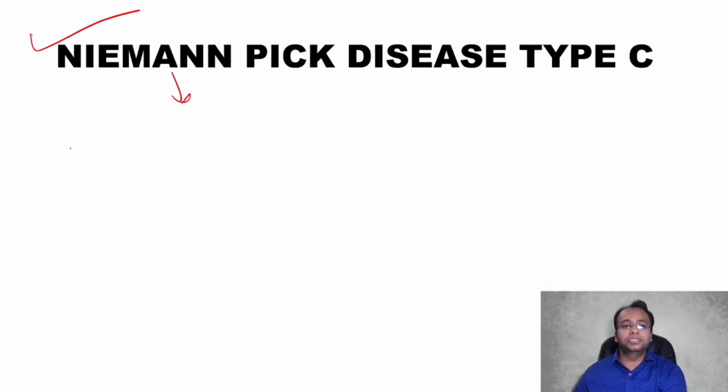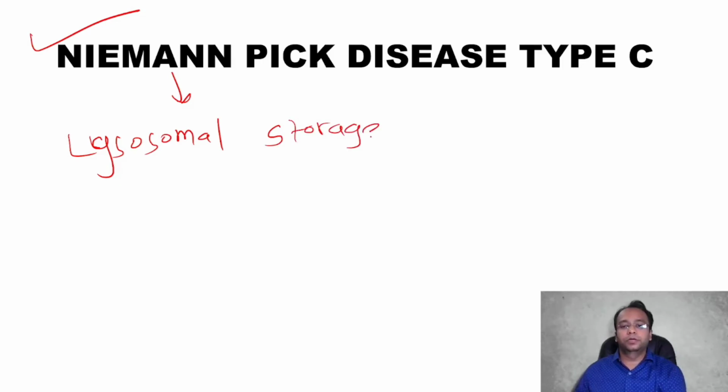All right. The last example of intracellular lipid accumulation is Niemann-Pick disease type C. It's a lysosomal storage disorder. Lysosomal storage disease. Here there is a defect in the enzyme.